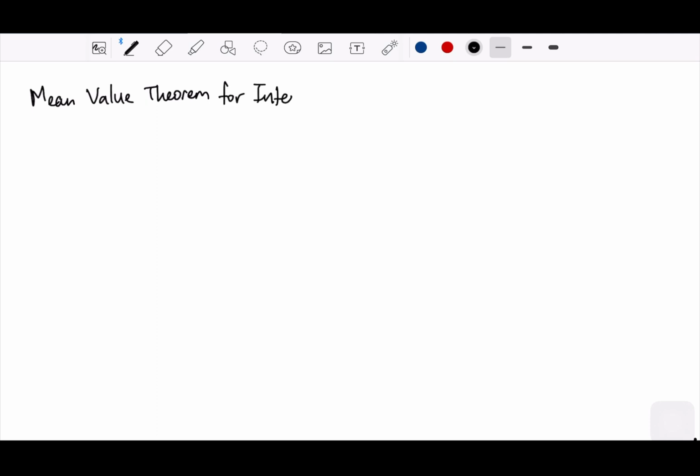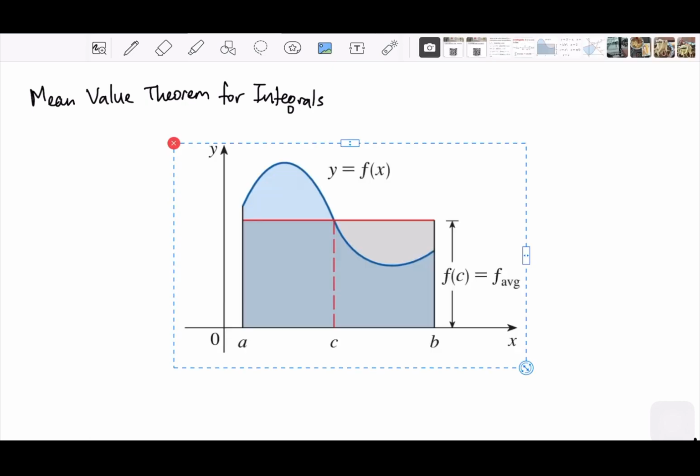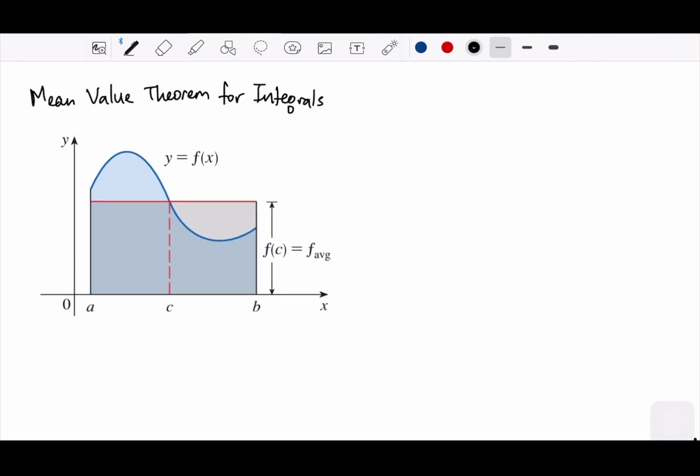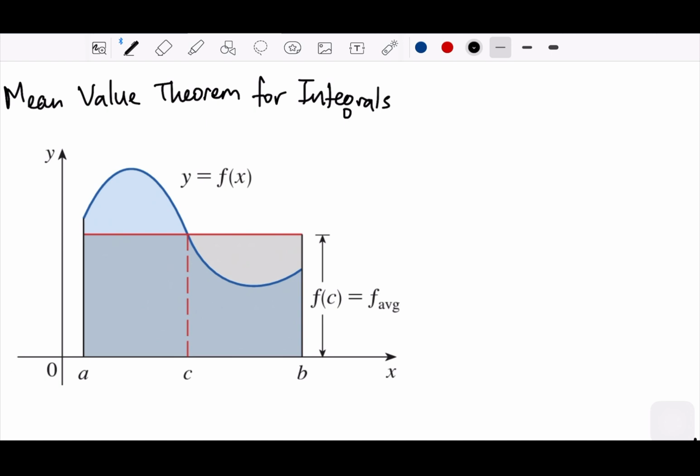So the mean value theorem. If you see the curve, we have y equal f of x, and if we see from a to b, let's say we have f of c that is equal to f average, which means when x equals c, the f becomes the f average.